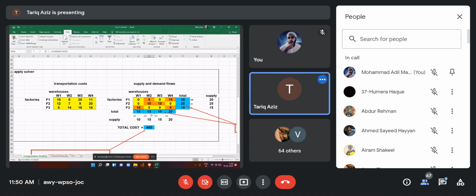Out of these 15 units, 10 units will be supplied from factory 2 and 5 units will be supplied by factory 1. Similarly, this solution has been arrived at by this function known as Solver.